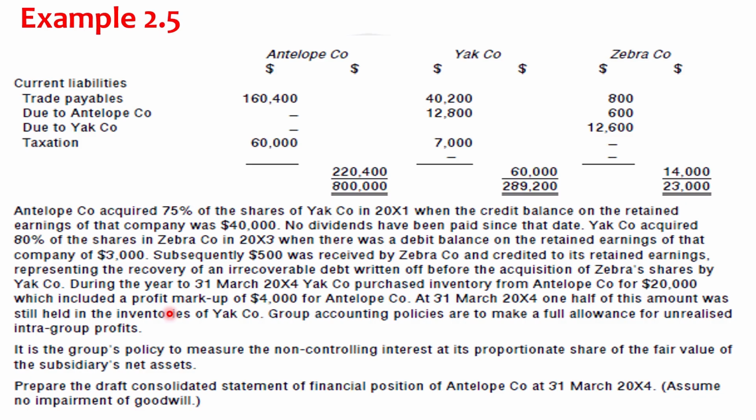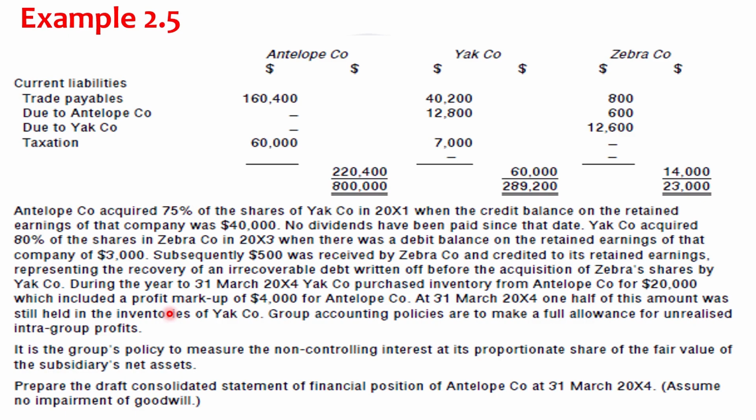Young acquired Zebra in 20x3 when there was a debit balance on the retained earnings of that company of 3,000. Retained earnings should normally have a credit balance, but in Zebra it's a debit balance, a retained loss. You have to indicate that when you are doing your group retained earnings.